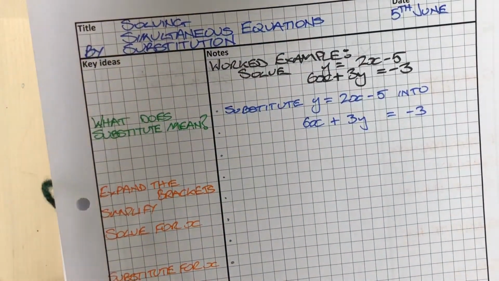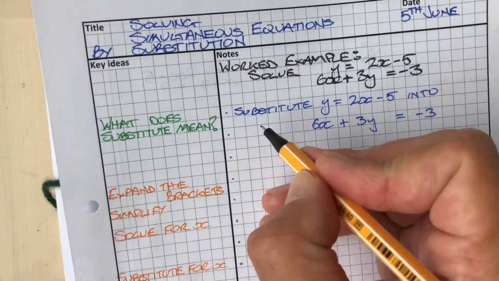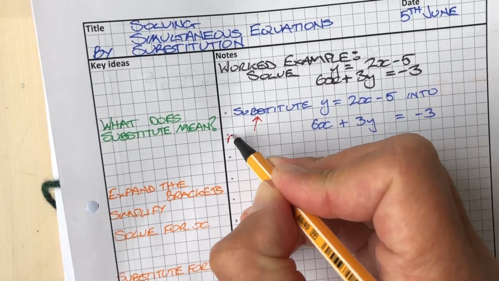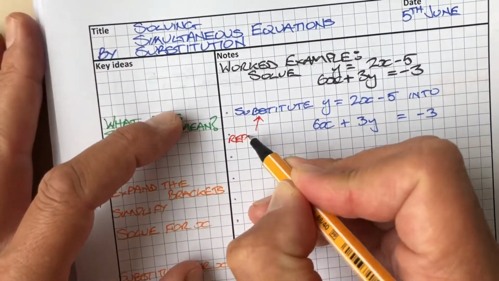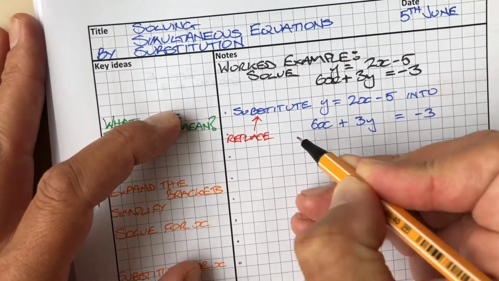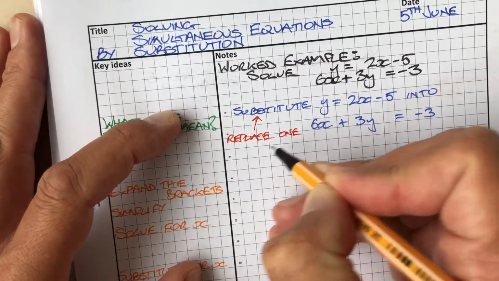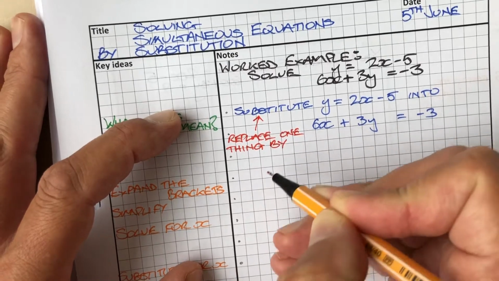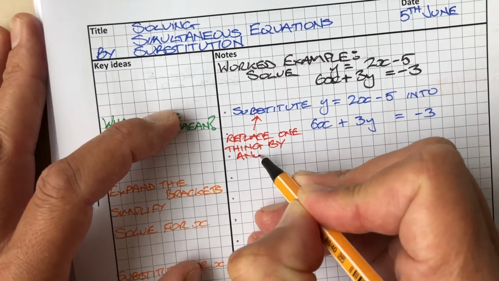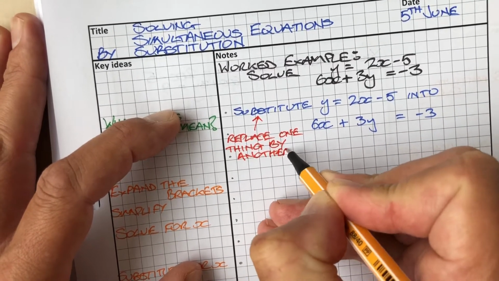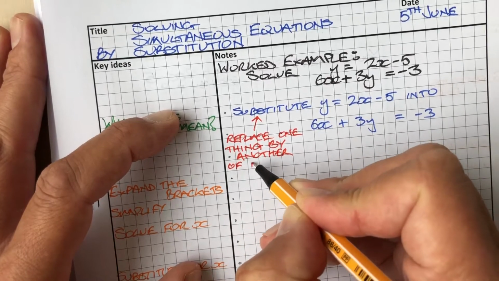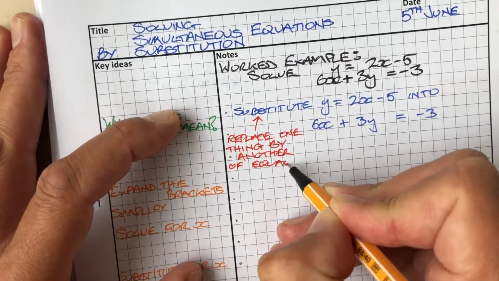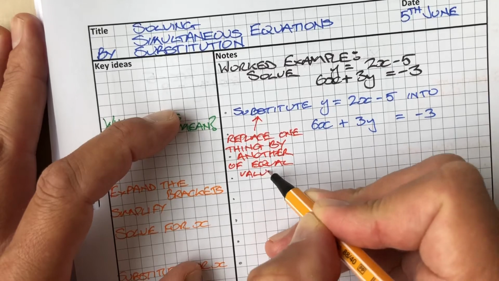So what does substitution mean? It means replace one thing by another of equal value, something that's equal to it.